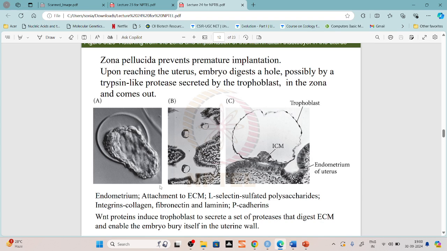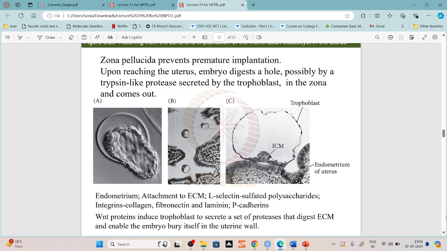So once the embryo reaches the uterus, this zona pellucida is removed and the embryo comes out and attaches to the endometrium. This is a zona pellucida. With the help of some proteases, it makes a hole in the zona pellucida, and then the embryo attaches to the uterine wall of the endometrium.